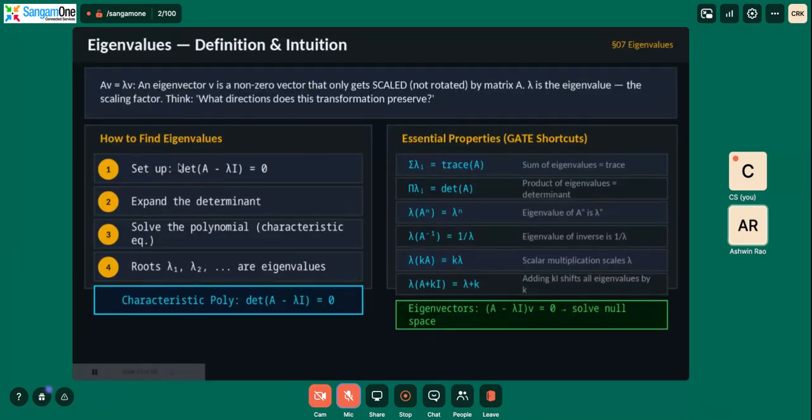Here trace is, suppose you consider lambda 1, lambda 2, lambda 3. Their addition, lambda 1 plus lambda 2 plus lambda 3, is called the trace. Whereas lambda 1 into lambda 2 into lambda 3 involves the determinant.